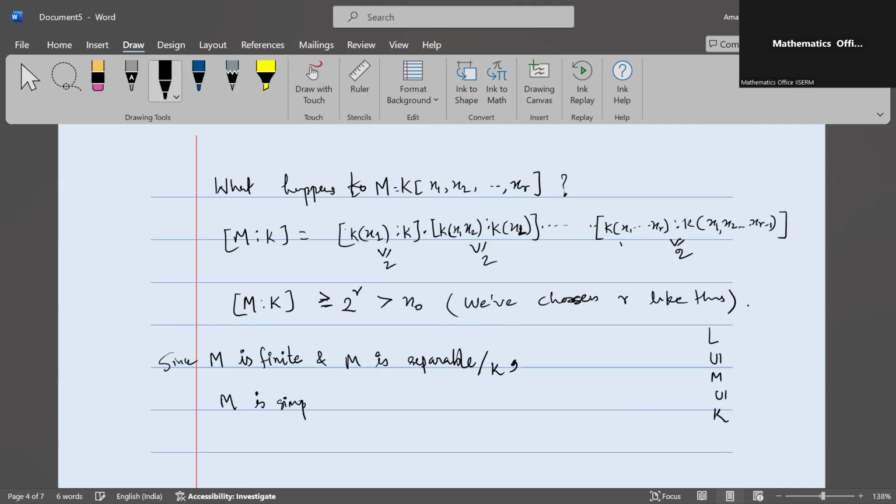Primitive element theorem is applied on a finite and separable field extension. So M is a simple field extension over K. So M is equal to K(x) for some x belonging to M.